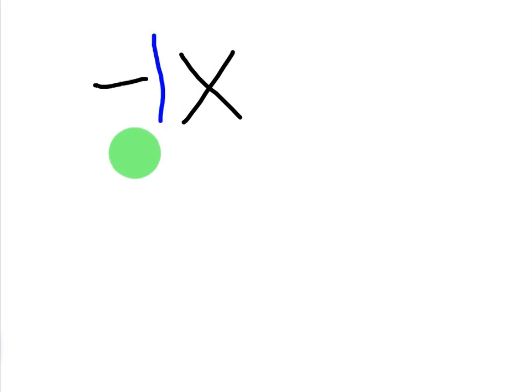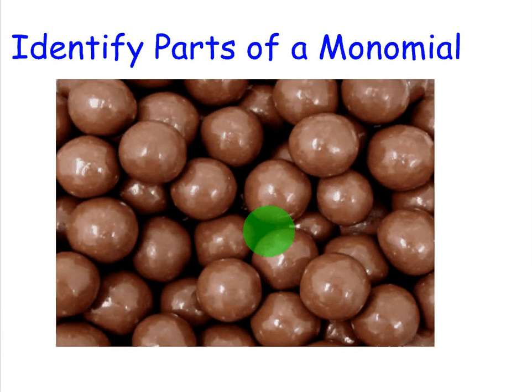Okay, if you take negative 1 and multiply it by a variable, it just becomes negative x. Or for example, negative 1 times 7 is negative 7. Negative 1 times 8 is negative 8. More or less the 1 goes away, but it's the same thing. So for this particular example, if you just have a negative in front of a variable, then that coefficient is -1. That's going to lead us to the next lesson, filling in the missing parts of a monomial. If you have any other questions about identifying the parts of a monomial, let me know.